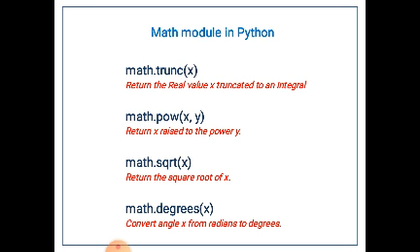Next, math.degrees(x). Here we get the angle x converted from radians to degrees.